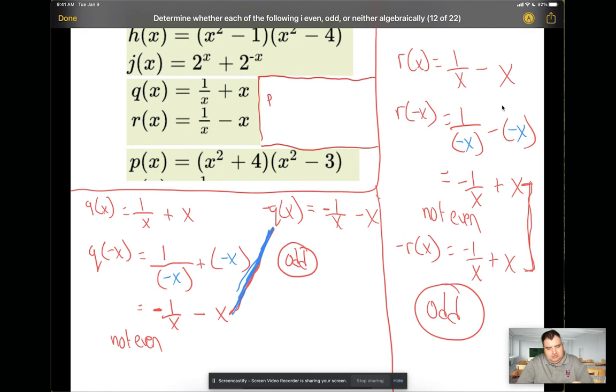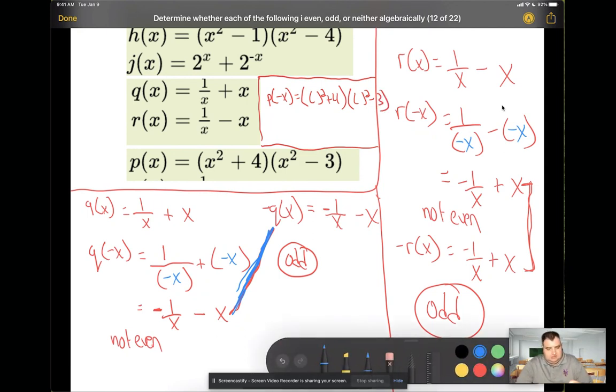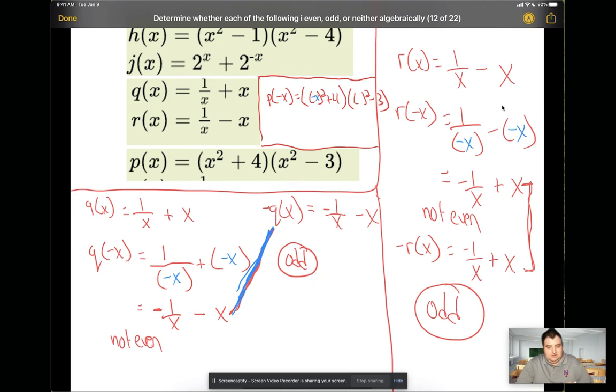I'm first going to do p of negative x. So that's going to be x squared plus 4 and x squared minus 3, and I'm going to replace my x with negative x.